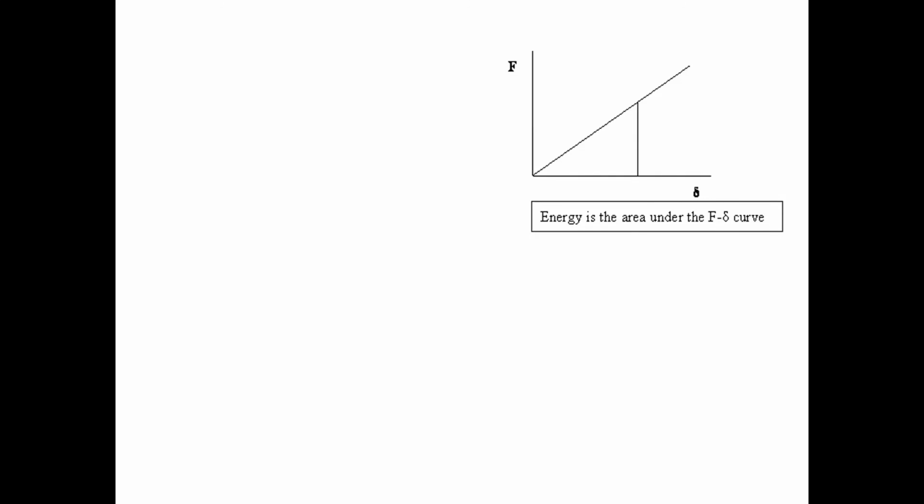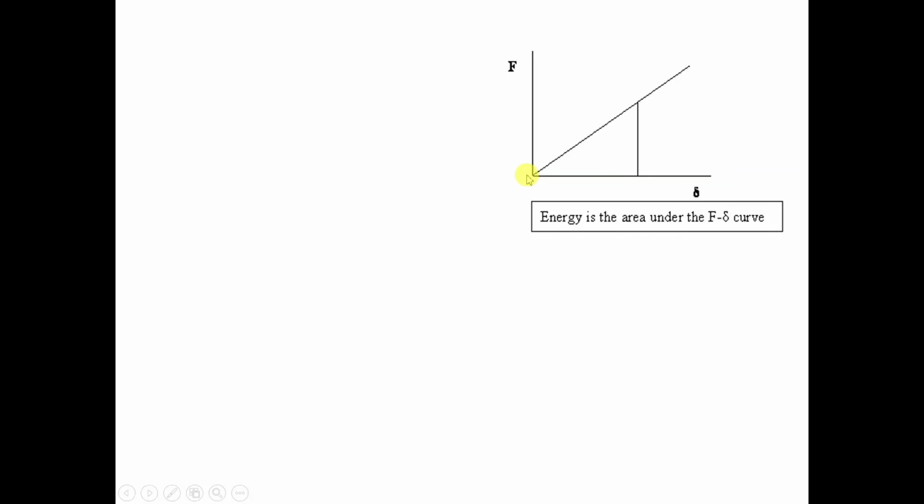Now let's have a look at this figure. In this figure, the Y direction represents the force which we have applied on a spring, and the X direction represents the deflection of the spring. Now you can see, if you keep increasing your applied force, the deflection of the spring will also increase.